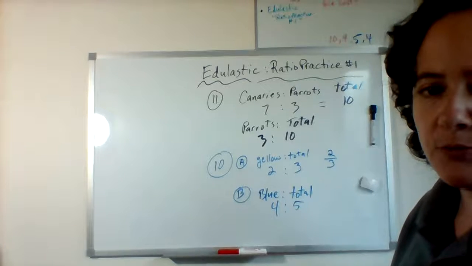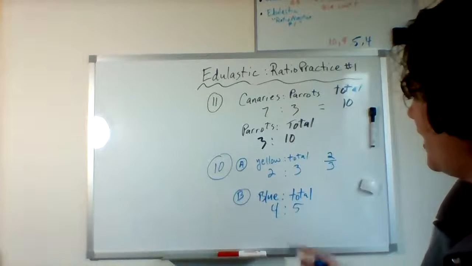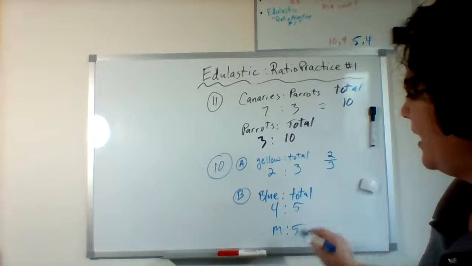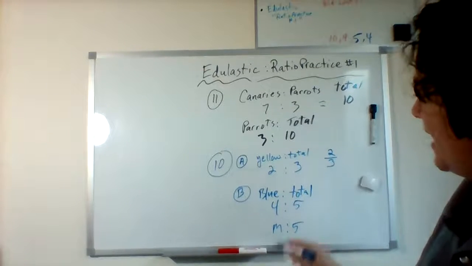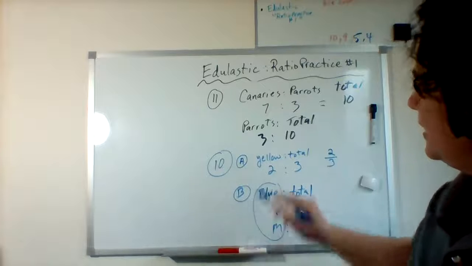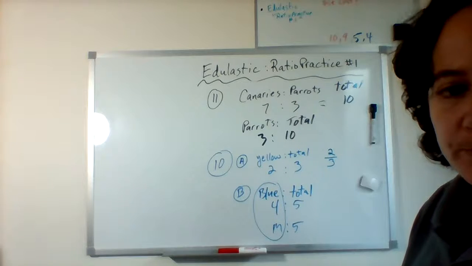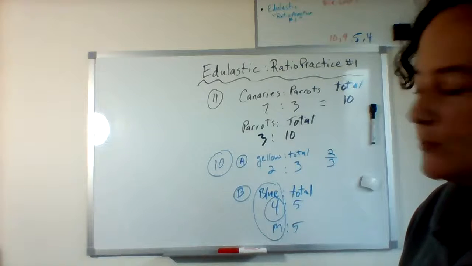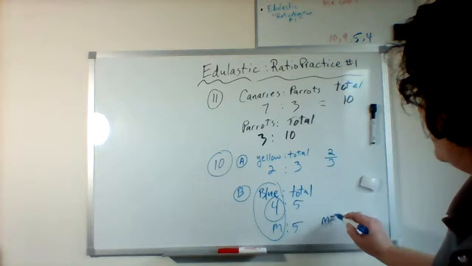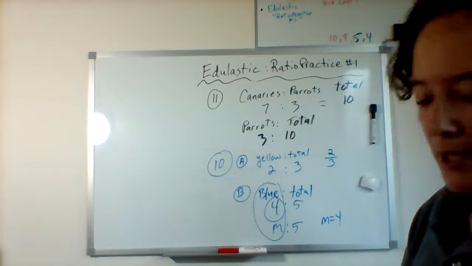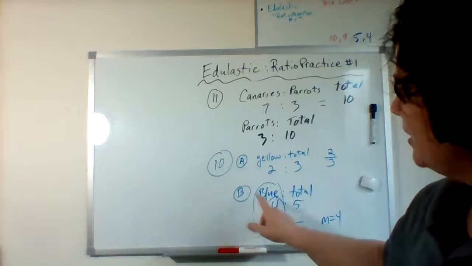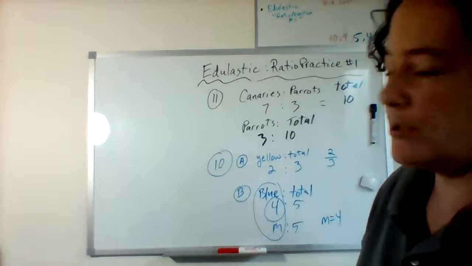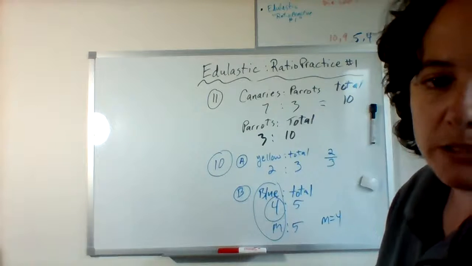They're saying that the ratio is m to 5. M to 5. Well, where is the m? The m is lined up with the blue. And what is the blue? The blue is 4. So what does m equal? M equals 4. The m represents 4 because it represents the blue heptagons.